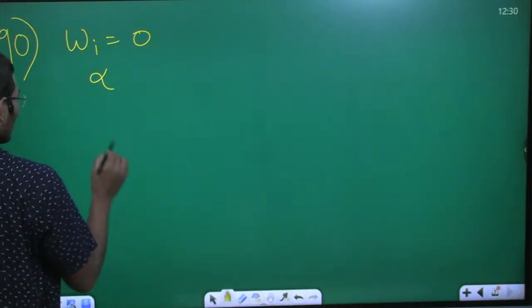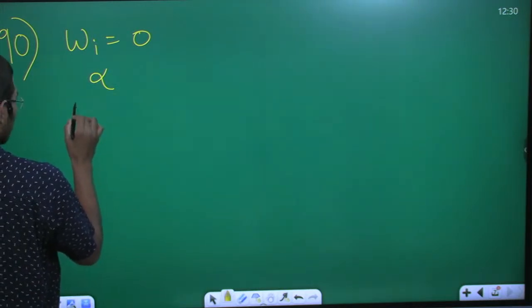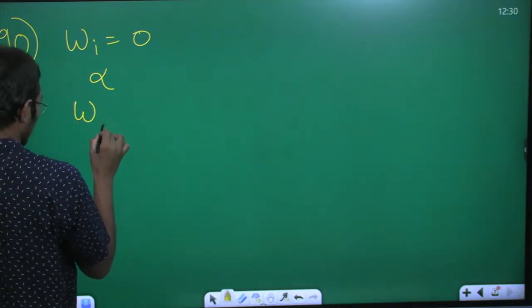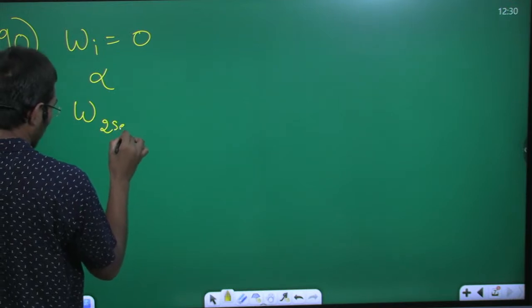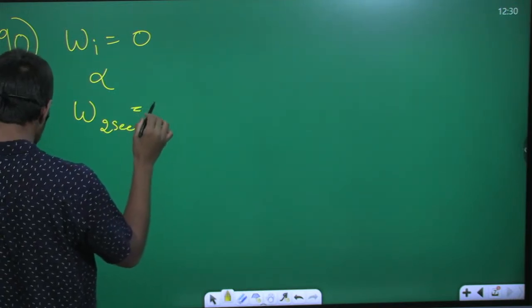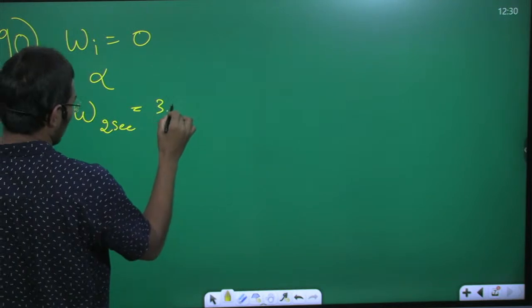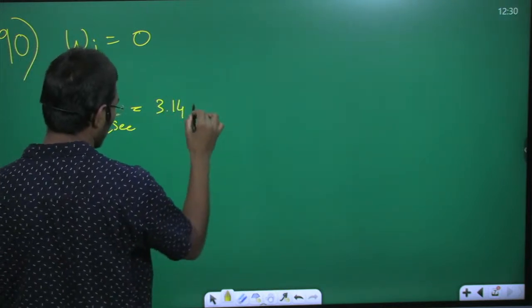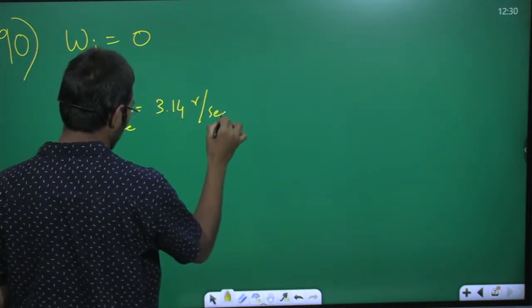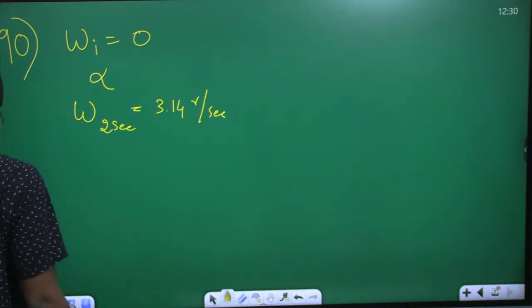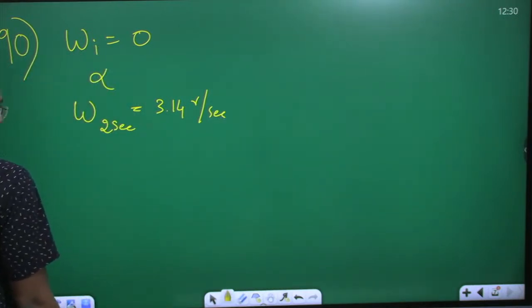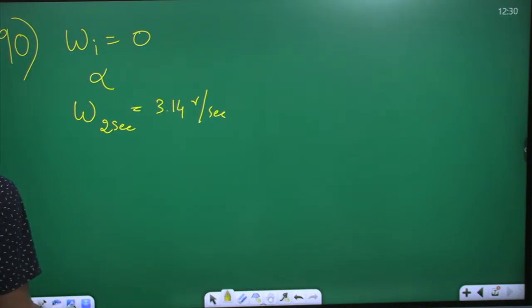The angular velocity at 2 seconds is given as 3.14 radians per second, okay? The acceleration is abruptly stopped at t equal to 20 seconds.